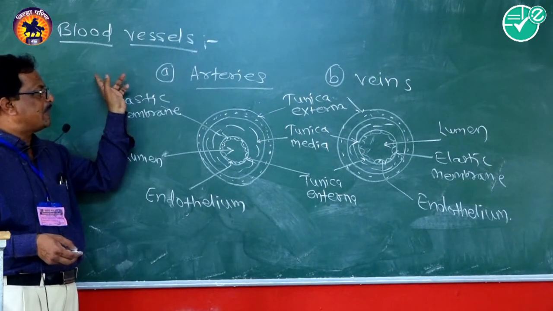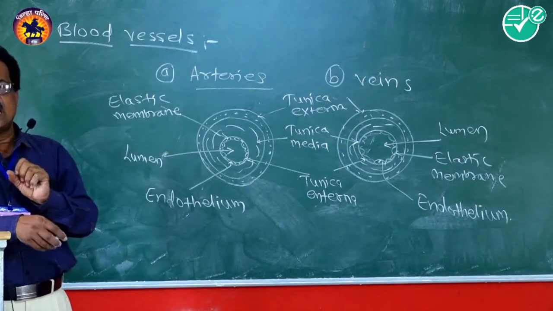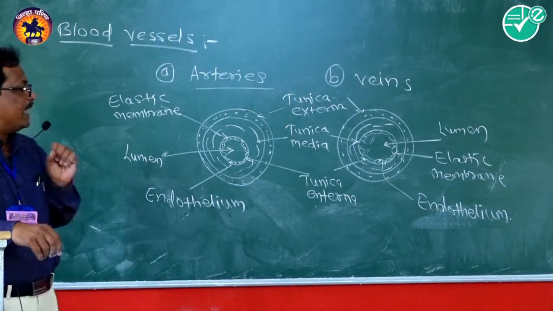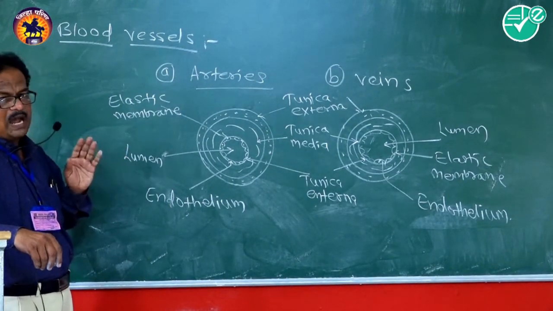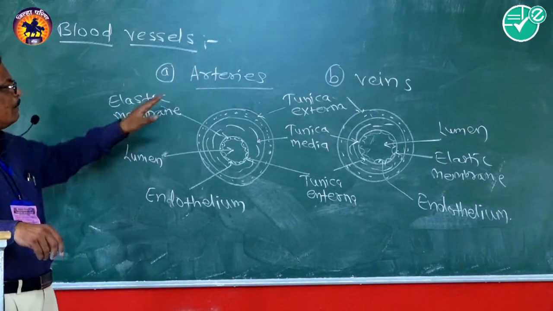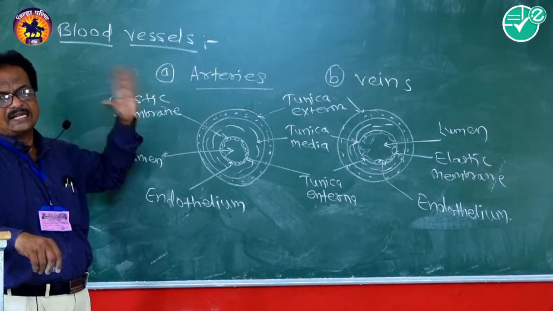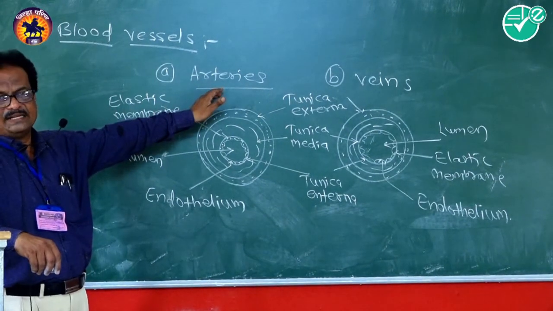And the third type of blood vessels are known as capillaries. The capillaries are very minute, microscopic structures, which are developed by the branches and sub-branches of the arterioles, and arterioles are nothing but the sub-branches of arteries.